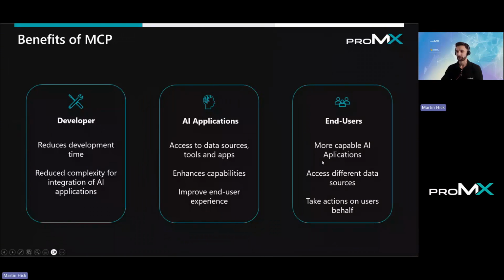You can access multiple data sources and take more actions. So actually your AI applications can be more productive and can actually do tasks for you, execute certain actions for you.